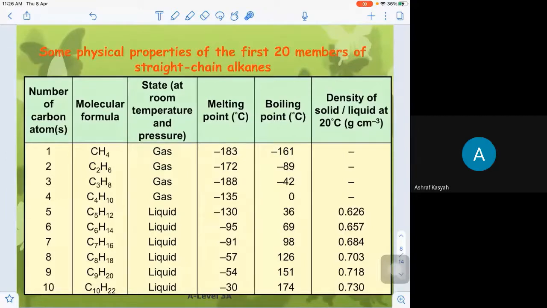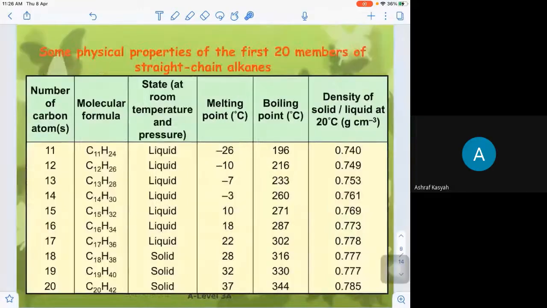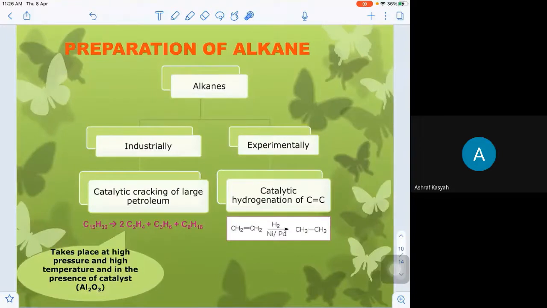Starting carbon 5, they are liquid until carbon 17. Carbon 18 starts to have a solid state. So we observe that the melting point, boiling point and density increase with the increasing number of carbons in a chain. That is a little bit on the physical properties of alkane.